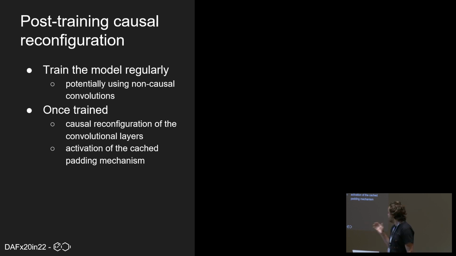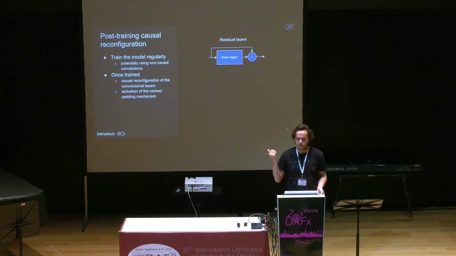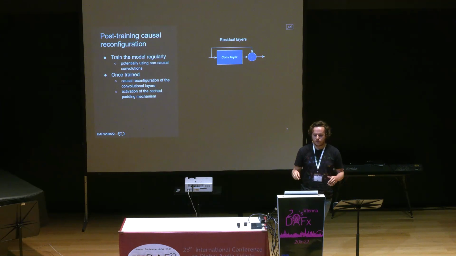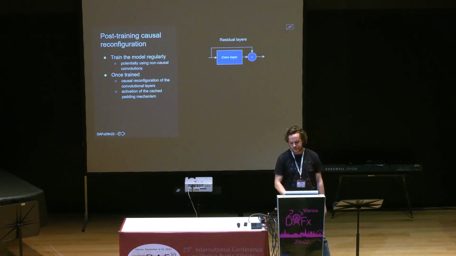So that might work for very simple convolutional networks, such as just stacked convolutional layers. But once you start considering more complex layers, such as residual layers, this causal reconfiguration is going to cause some problems.